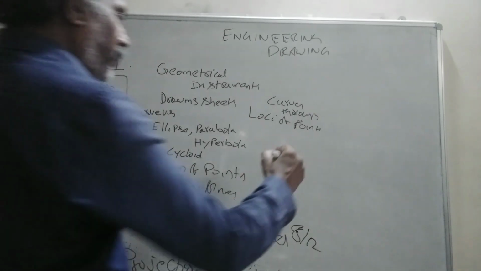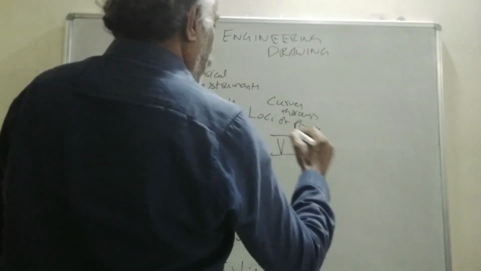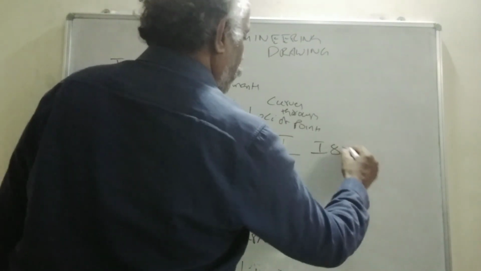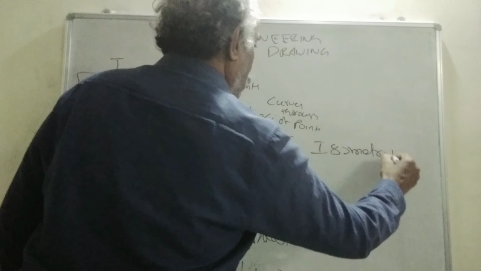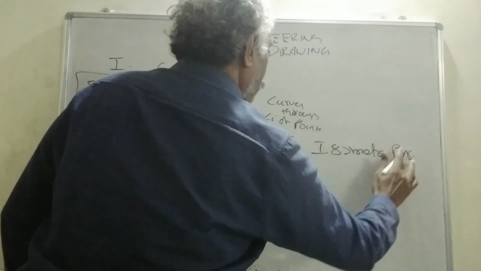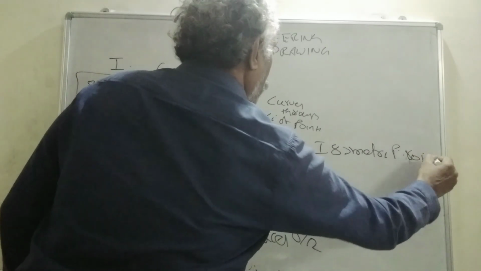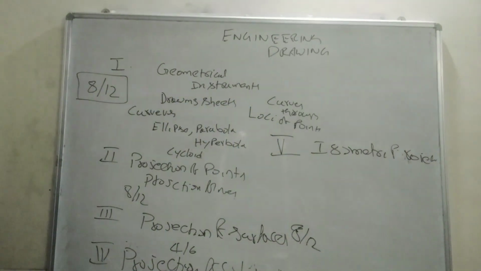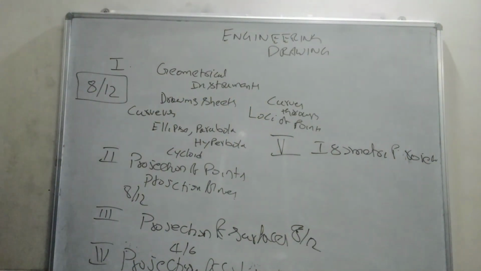And unit number 5, isometric projection. In this isometric projection, we have to see this when the solid is assumed to be in a cube.